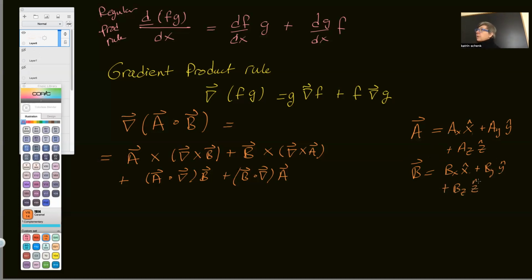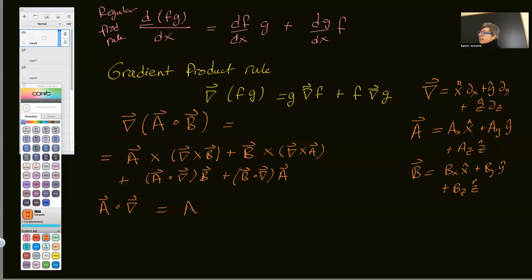Okay, so let's see, what is A dot del? Let's just calculate A dot del. Remember what del is? Let's write del up here. Del is x hat partial x plus y hat partial y plus z hat partial z. Okay. So the del is not acting on the A. Let's be careful. It is not acting.